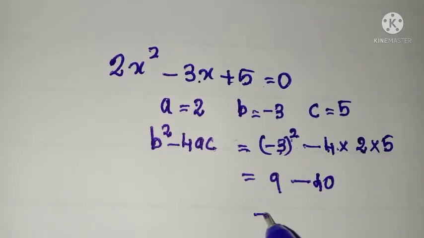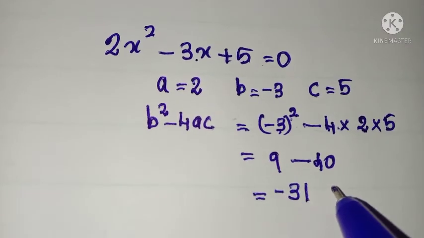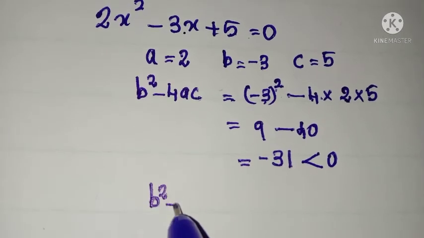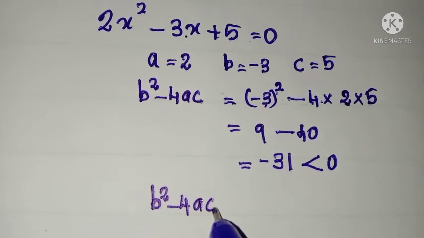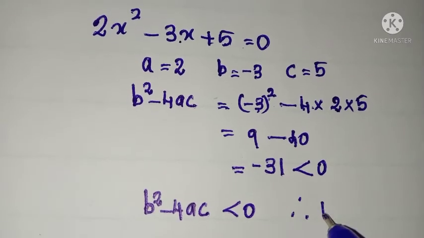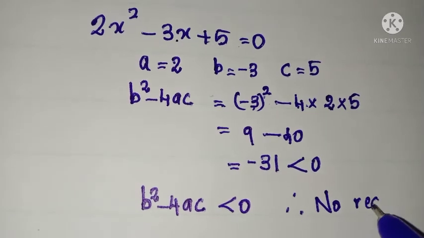So 9 minus 40 is minus 31. This is a negative value, that is, less than 0. So if the discriminant b square minus 4ac is less than 0, then there are no roots. There are no real roots.